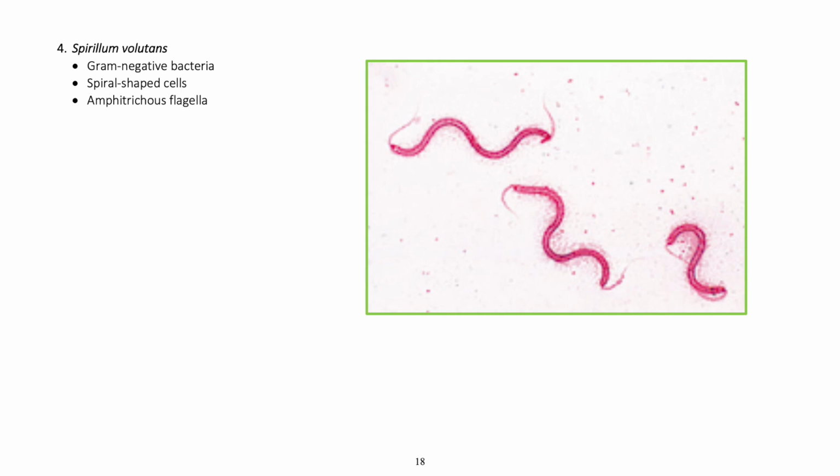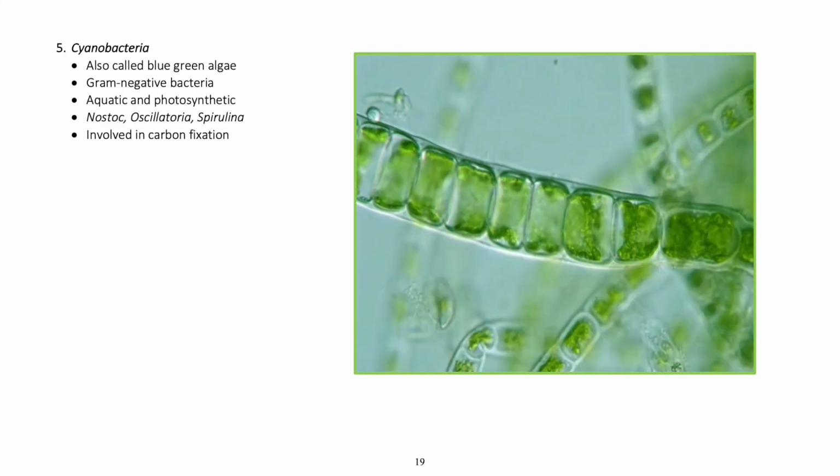Spiral-shaped cells. Amphitrichous flagella. Cyanobacteria, also called blue-green algae, gram-negative bacteria, aquatic and photosynthetic: Nostoc, Oscillatoria, Spirulina. Involved in carbon fixation.